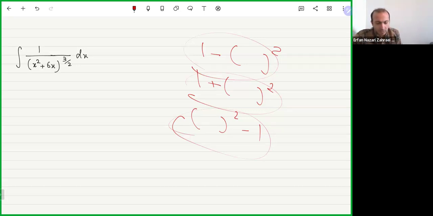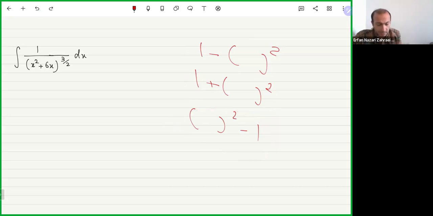So under this reasoning, I understand that this term x squared plus 6x should be written as something squared. So I should complete the square in this computation. I need to write it as something squared, maybe plus or minus a constant.